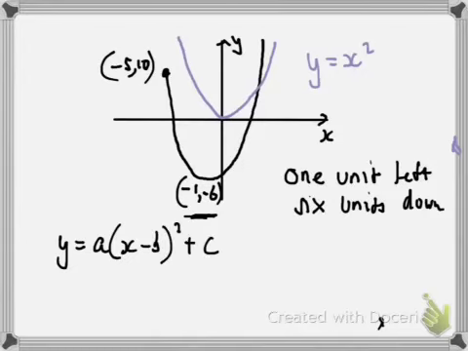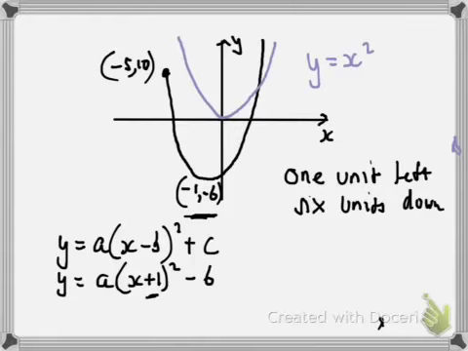If we've got 1 unit left, and this is where we think in reverse, that means we've got x plus 1 inside our bracket. If it's been taken 6 units down, that's going to be -6. So the plus 1 in the bracket takes it to the left one, and the -6 outside the brackets takes it down 6 places.